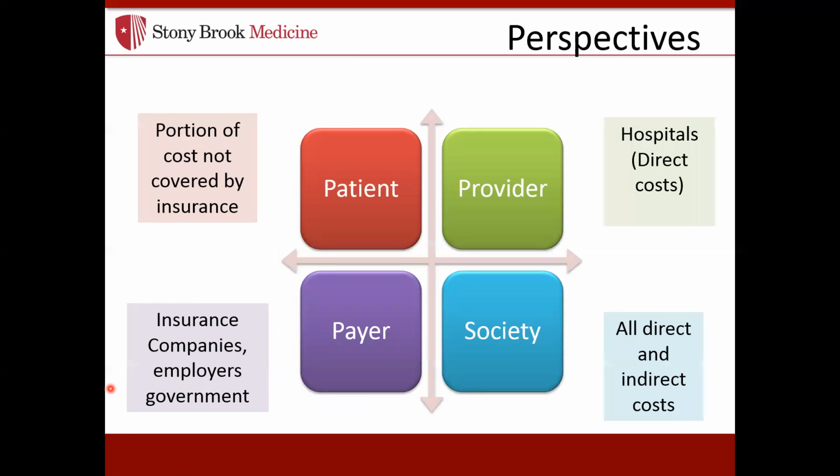Perspectives. The pharmacoeconomic question being asked usually determines the appropriate perspective or viewpoint to be used. The patient perspective is usually the cost, what they pay for a product or service. So this is a direct cost to them. For providers, the healthcare professional or care organization, costs are the actual cost of providing a product or service.